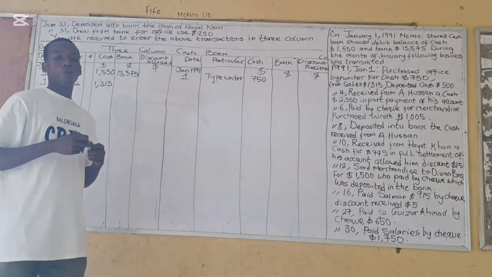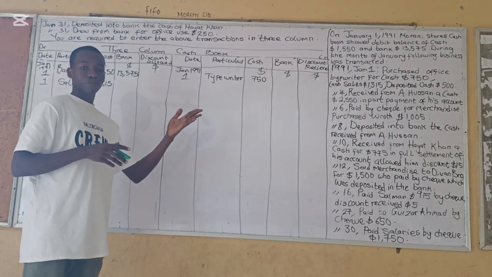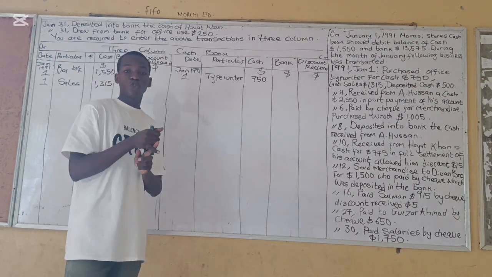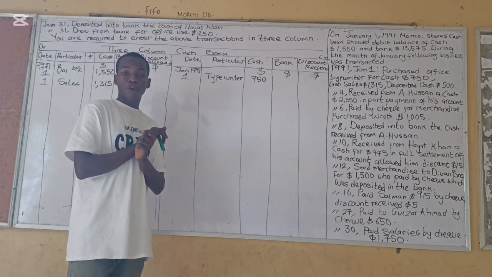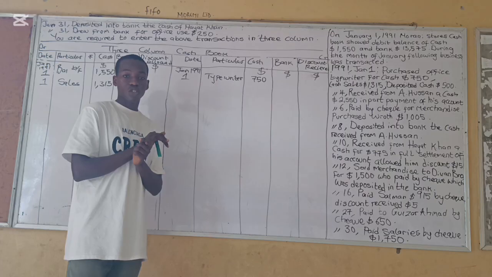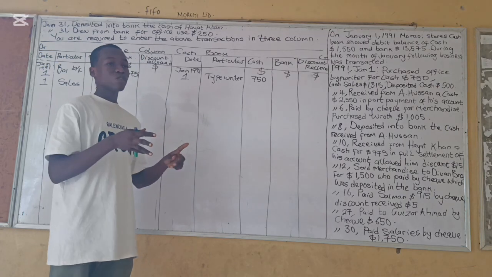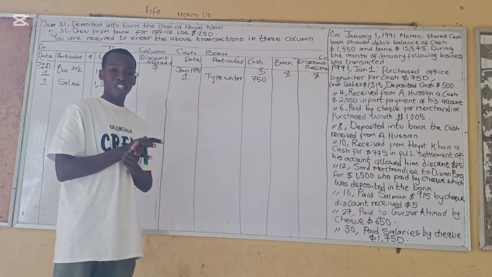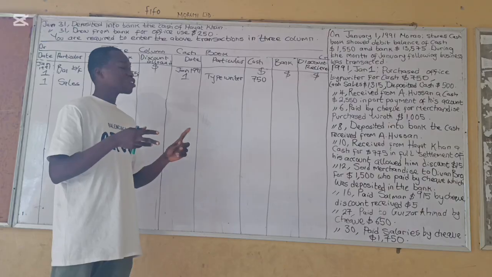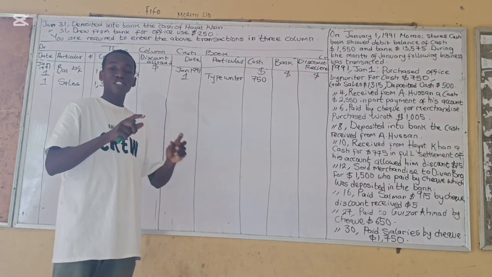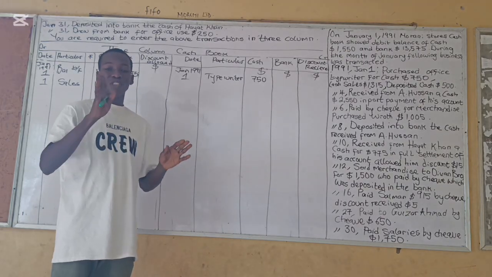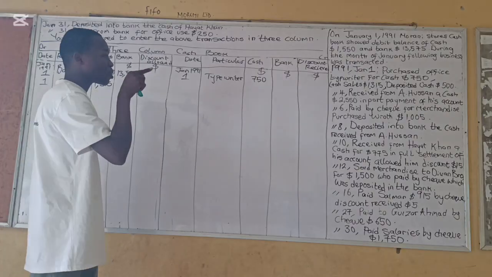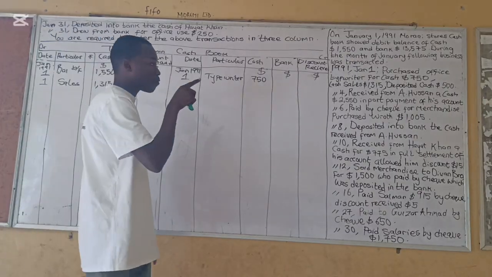The next one is deposited cash $500. This is a contra entry. When you withdraw money from your bank for business use or office use, or when you deposit money in your bank, all these are contra entries. Here you deposited cash 500.